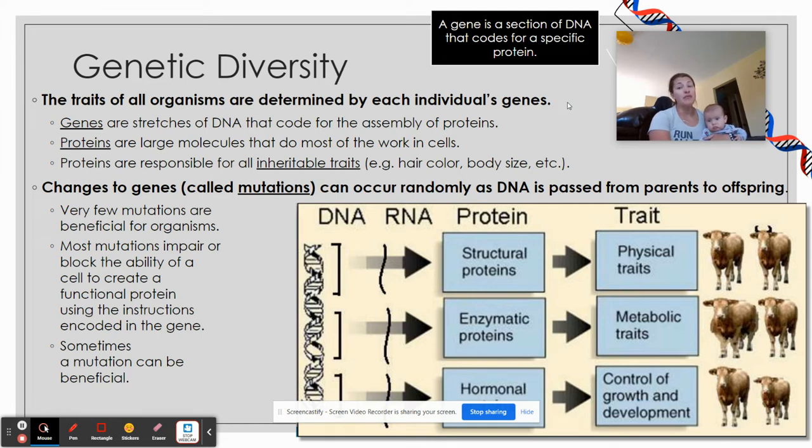And when we're talking about animals, it's going to make you more viable, so more likely to actually have offspring. Some mutations might be bad. Those are typically going to become less common in an environment, and silent mutations just don't matter, and we would typically never know that they're there.